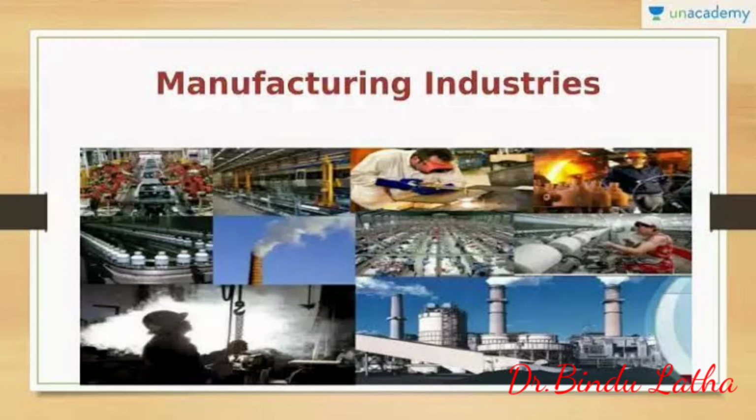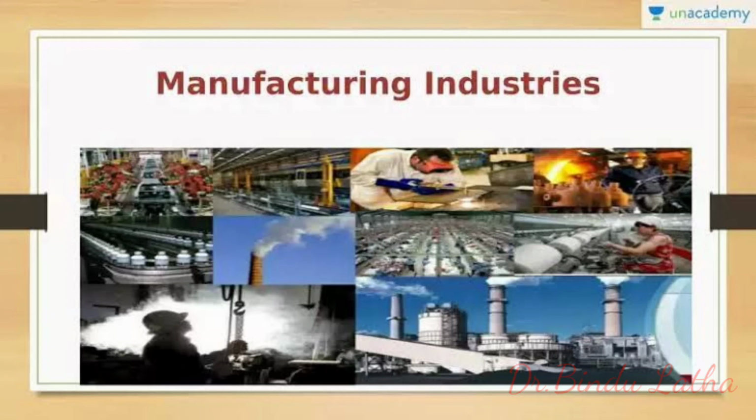Next, we are going to analyze about the cotton industry. The main feature of the cotton industry is that it is the largest industry in India. It operates in private, public, and cooperative sectors. About 1.5 million labor force are engaged in this industry, closely linked with agriculture and industry.